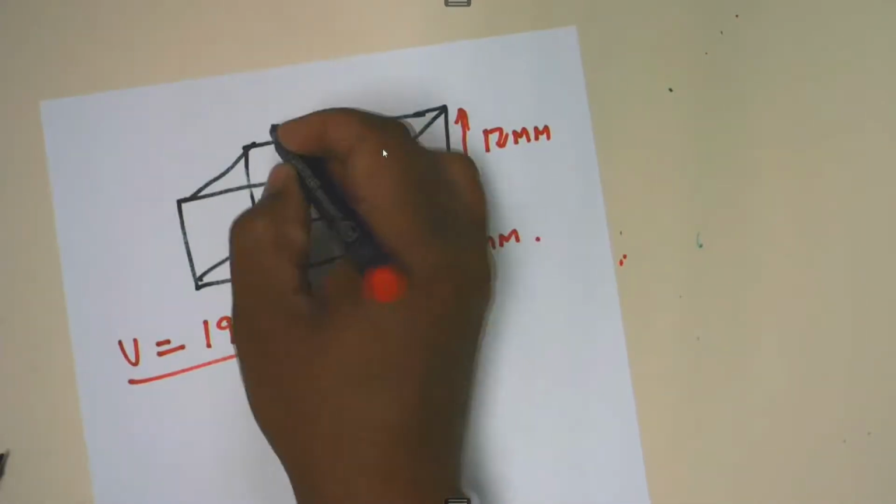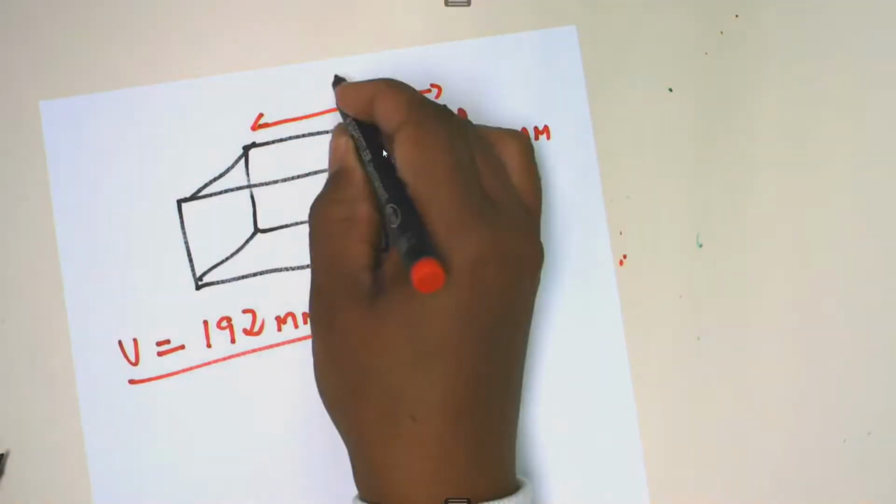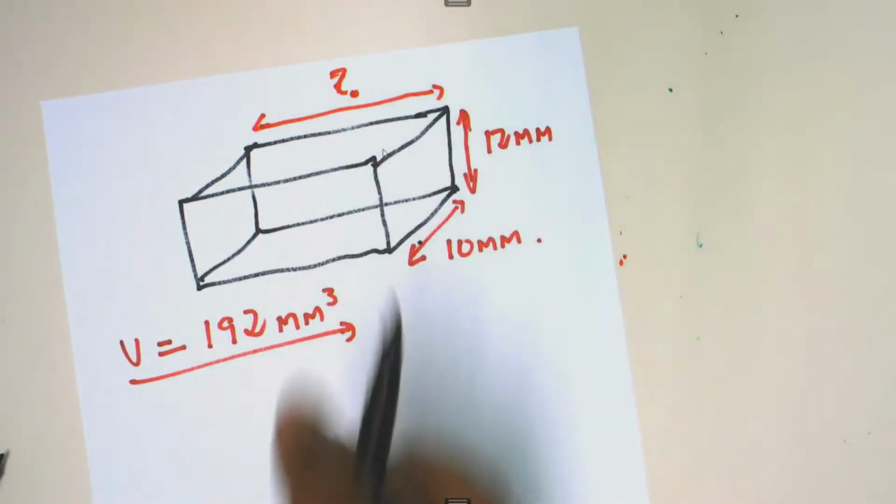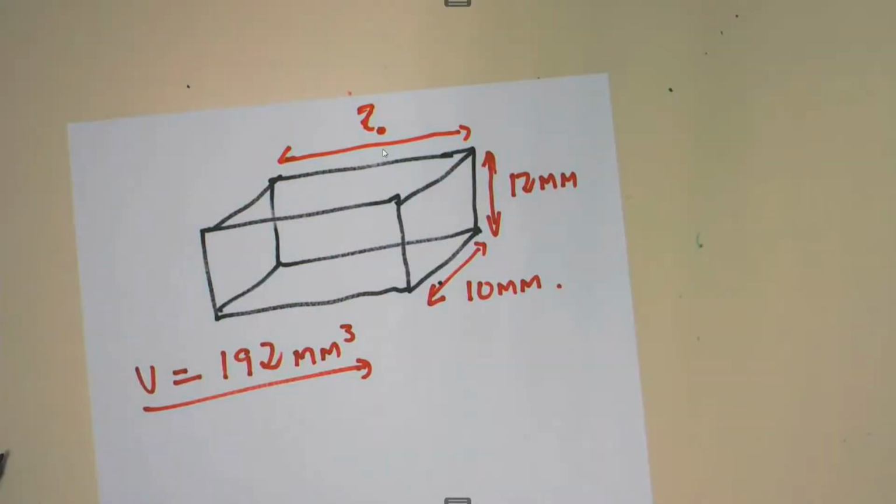We must get the length. If the height is 12 millimeters and the breadth is 10 millimeters, here we're not calculating the volume. The volume has already been calculated for us.